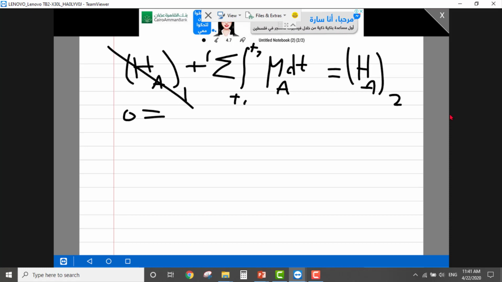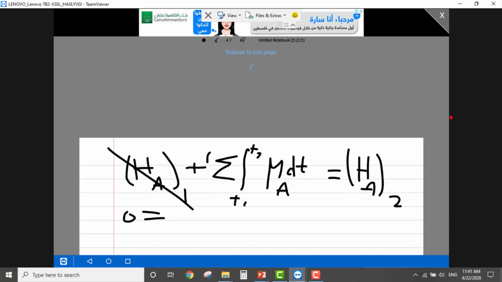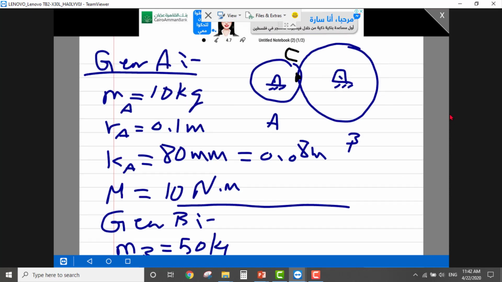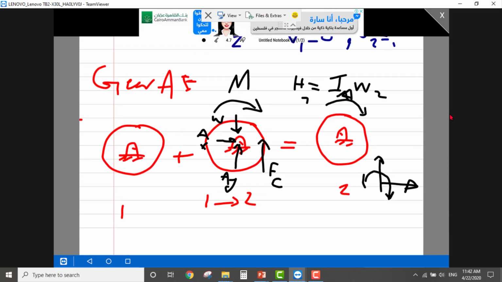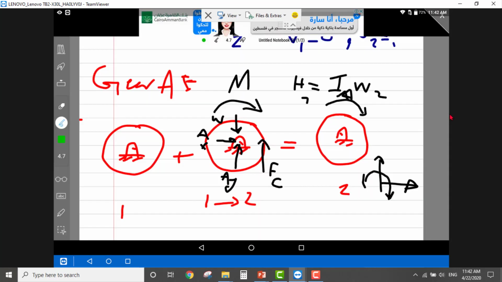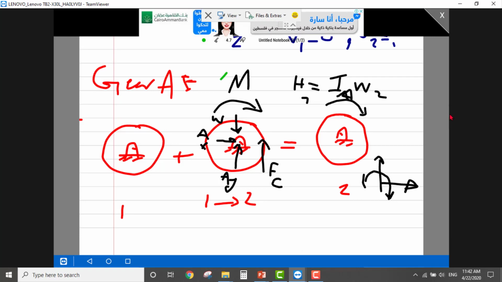Now here we'll ask ourselves a question: which force will do moment about A? Let's go back to the previous sheet to answer this question. Let me change the color. So let's pick green. This moment, of course, will do moment about A. The weight and the reactions AX, AY will not do any moment because they pass through the centroid.